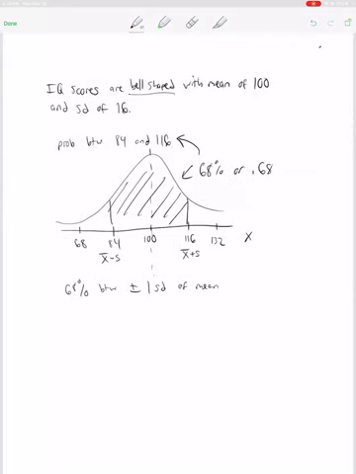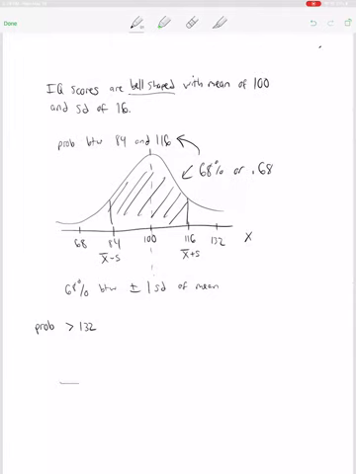Now, the second question, which is the much more challenging question, is what's the probability that I see a random person with an IQ greater than 132. We're going to use the empirical rule, but not directly. We have to do some other stuff.